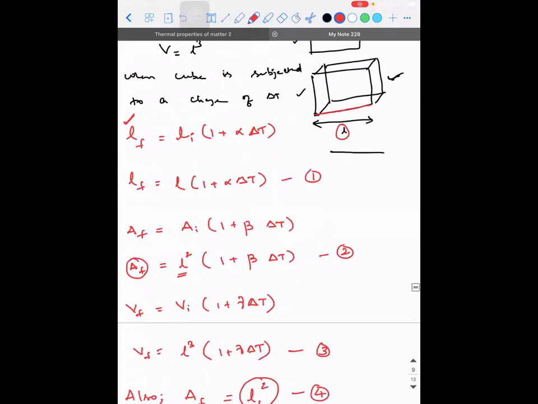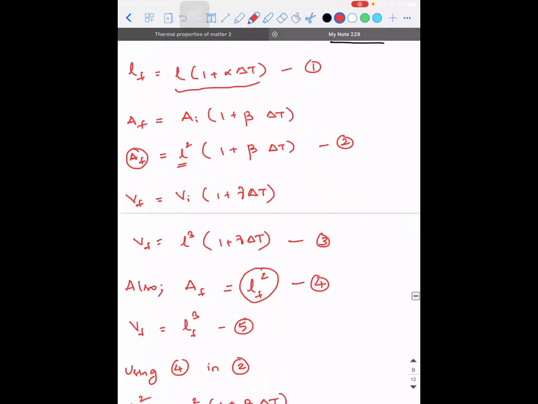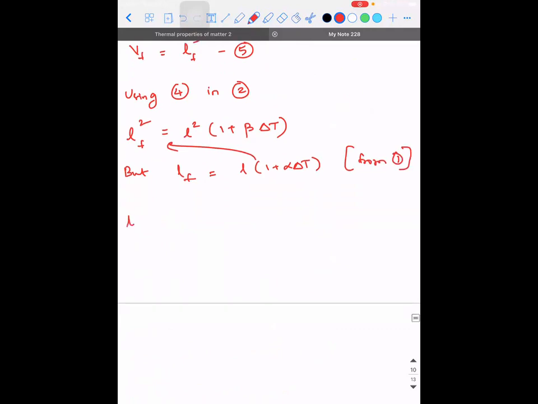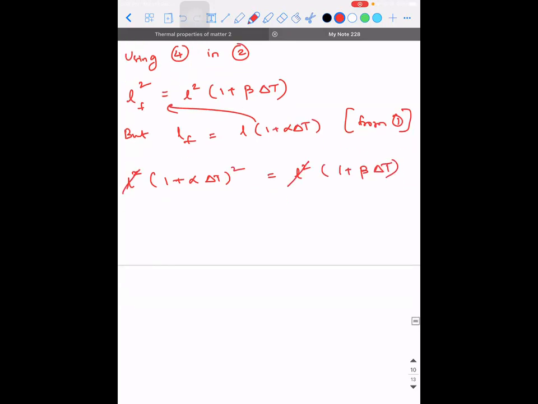So L final square is equal to L square into 1 plus beta delta T. But what is L final? L final is equal to L into 1 plus alpha delta T. Using this here. Where did I get this from? From the first equation. If I use it here, then I'll have L square into 1 plus alpha delta T the whole square is equal to L square into 1 plus beta delta T. L square gets cancelled.